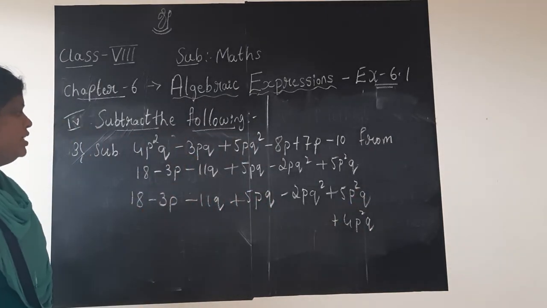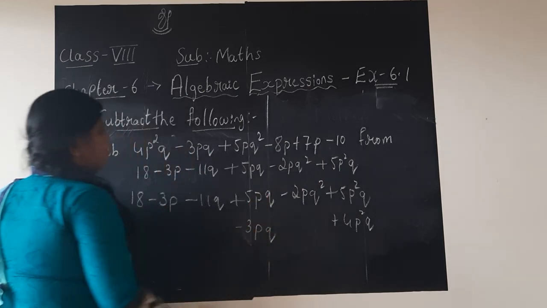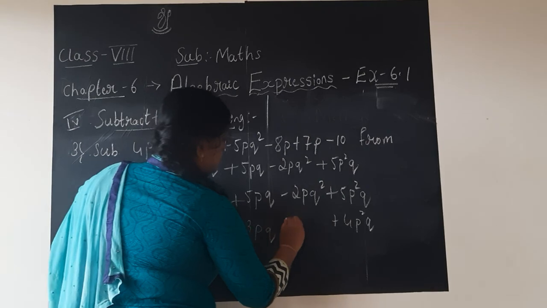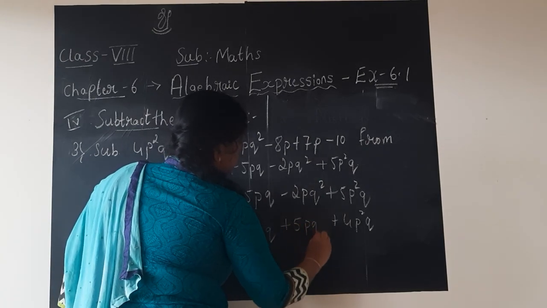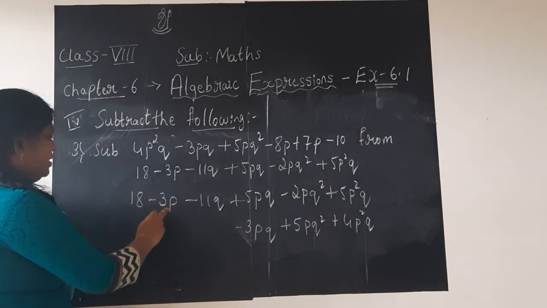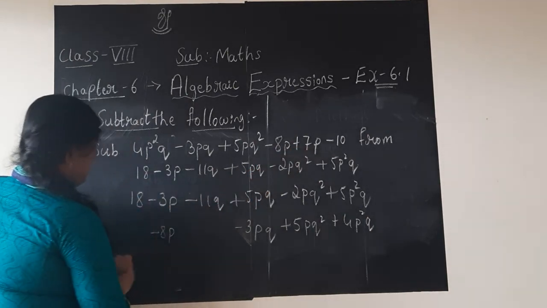Next I have minus 3p cube, so I should write it below 5p cube: 5p cube minus 3p cube. Plus 5pq square below 2pq square. Next minus 8p below minus 3p.